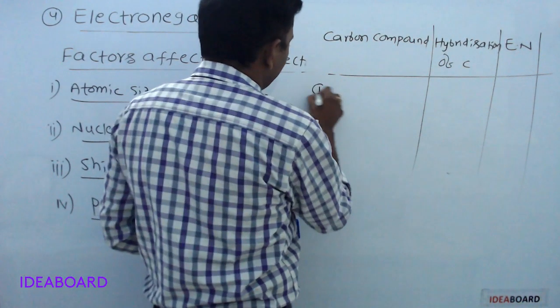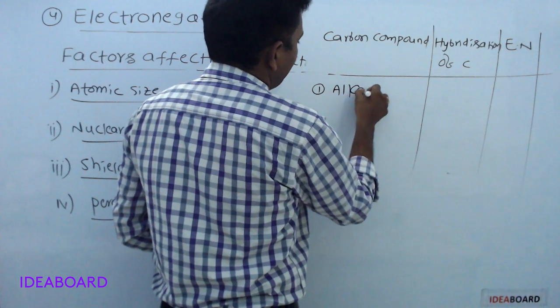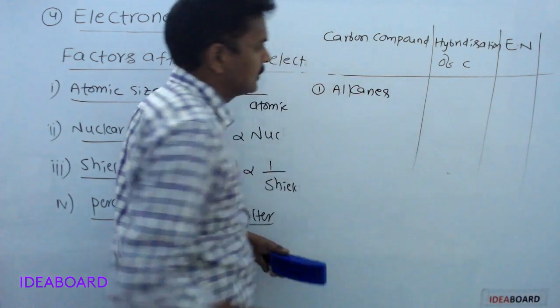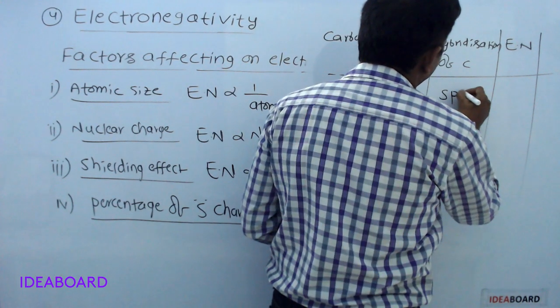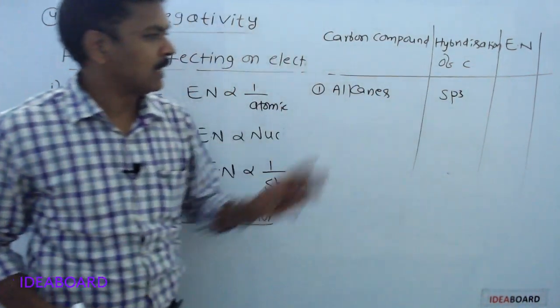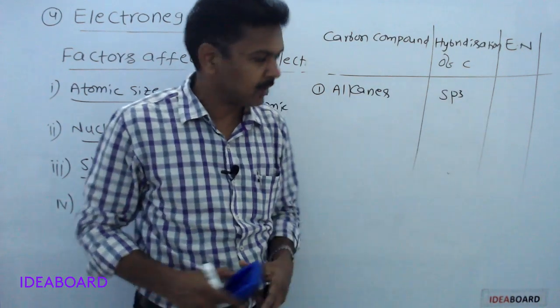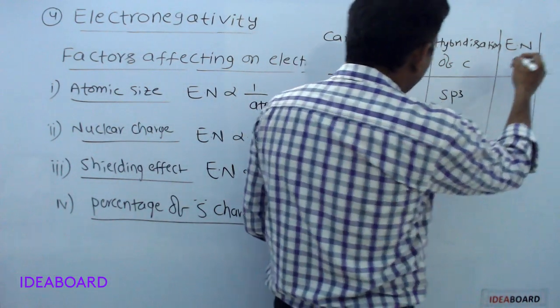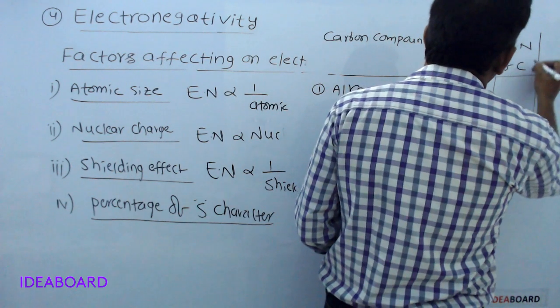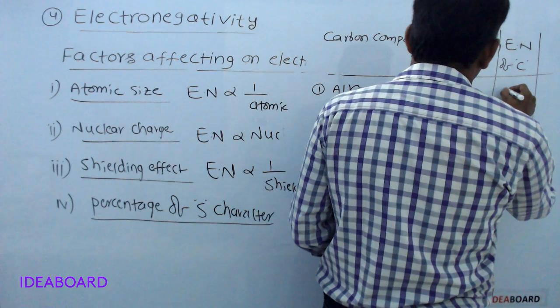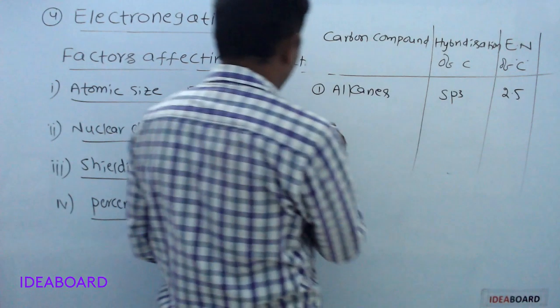If we take alkanes, carbon atoms undergo sp3 hybridization. Then the electronegativity of carbon is 2.5.